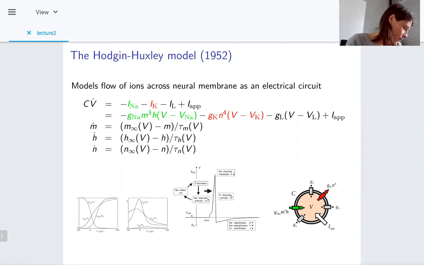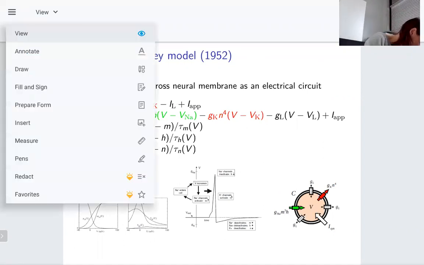I talked about 2 important ionic channels, the sodium channels and the potassium channels, that we modeled using Ohm's law, which is basically a product of a conductance times the voltage.